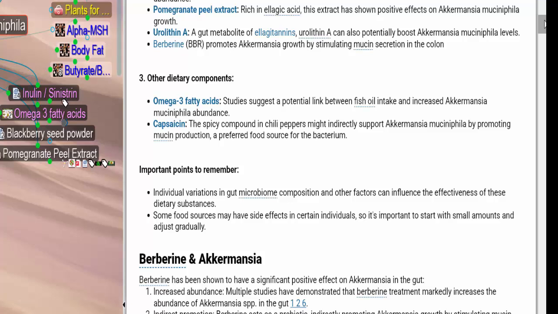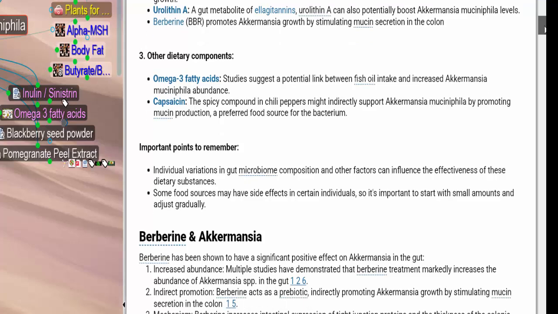Important points to remember: individual variations in gut microbiome composition and other factors can influence the effectiveness of these dietary substances. And some food sources can have side effects in certain individuals. So always start with small amounts and adjust gradually.